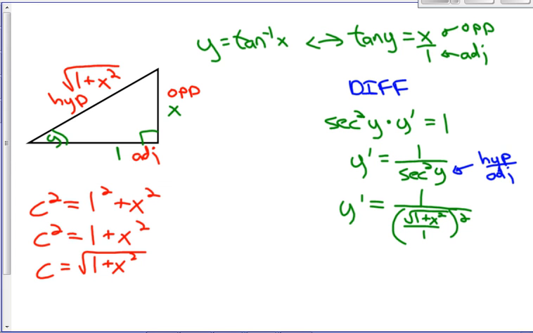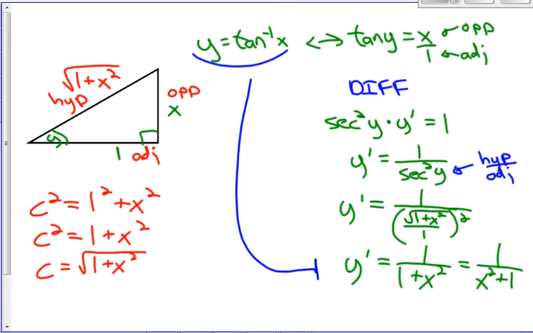And all that's going to do is get rid of the square root. So we get y prime is 1 over 1 plus x squared. Or some people write it this way, x squared plus 1. Doesn't matter. So there is the derivative of inverse tan.